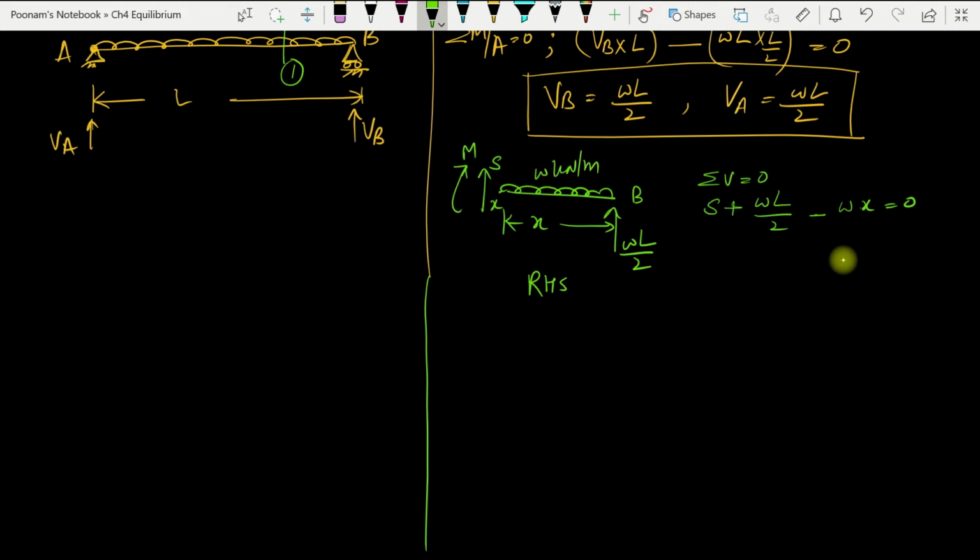The UDL is acting over a length x. So S will be Wx minus WL by 2. I can take W common, so W times x minus L by 2. So from this it can be said that it is a linear variation.